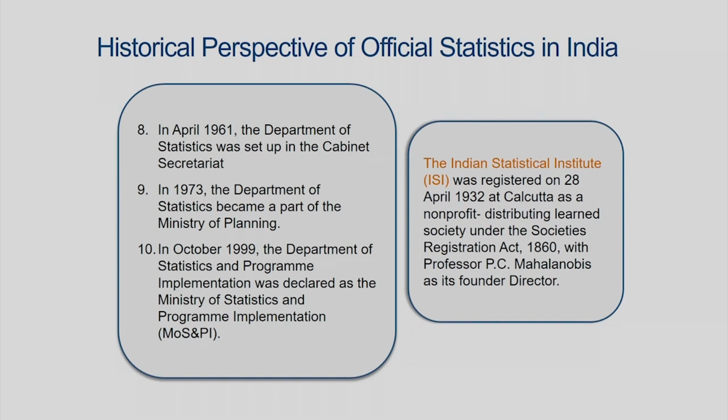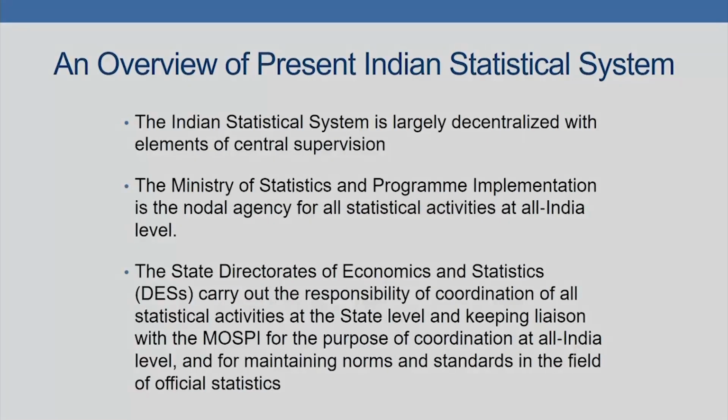So, let us try and understand the Indian statistical system. This will give you an overview of the present Indian statistical system. As I pointed out in the beginning, it is decentralized. We are a federal system. The center and the states together churn out statistical information. So, it is largely decentralized with elements of central supervision.